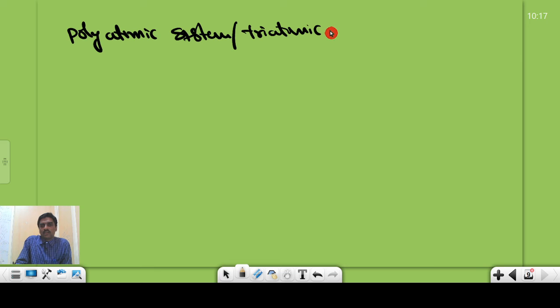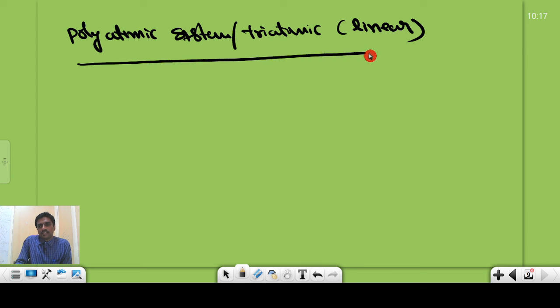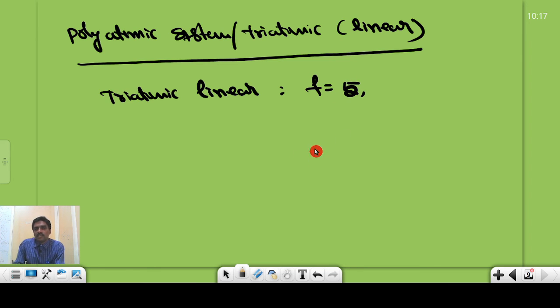I am taking the linear structure first. For the triatomic system, linear case, the degree of freedom f is equal to 5. Then Cv is equal to fR by 2. Substitute the f value in this, 5R by 2.